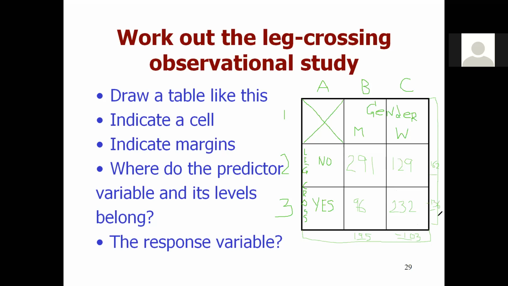Now, of course, we haven't done any chi-square yet, but you could see, compared to the 0 that we had before, how does it look in terms of our predictions? Do you think we are confirming the prediction that women are more likely to cross their legs than men?